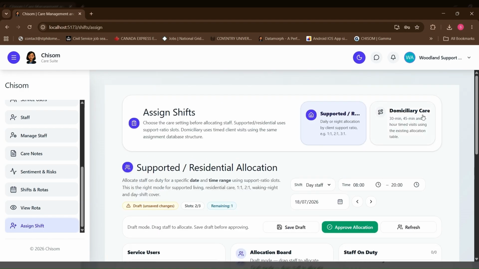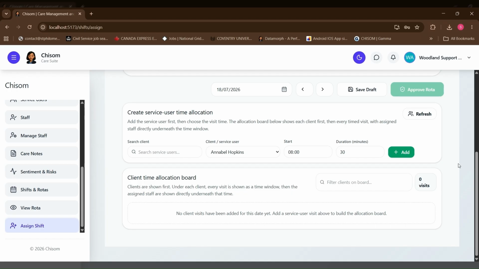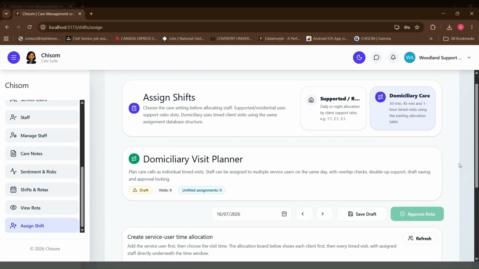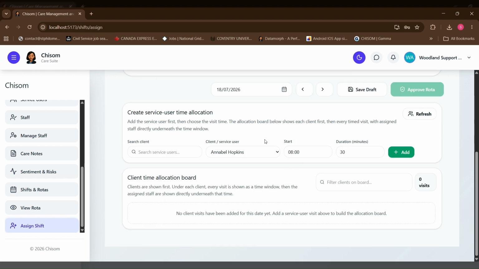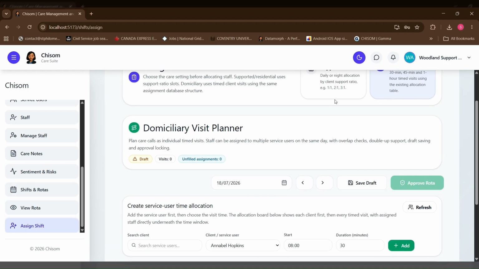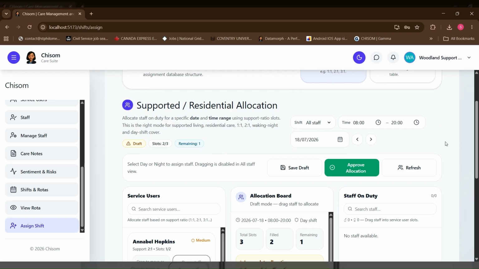The good thing about this is there's also a domiciliary section. Domiciliary is different from normal supported living in the sense that the staff can work for 30 minutes in one client's house, go to another client, and then work for another 30 or 45 minutes. So this one handles more complex domiciliary support, and this one is for supported living. Like I said earlier, this system was built mainly for supported living and residential, but it can also accurately handle domiciliary.